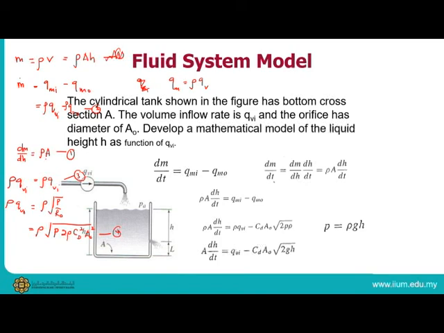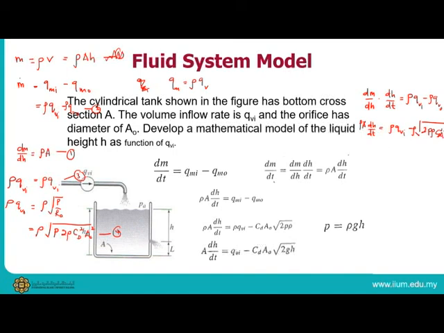Insert 1, 3, and 4 into equation number 2, where you have dm over dh times dh over dt equal to rho Qvi minus rho Qvo. The dm over dh is actually this one, so rho A dh over dt is equal to rho Qvi minus rho square root of 2P rho Cd squared A0 squared.